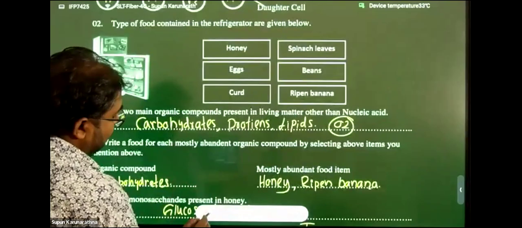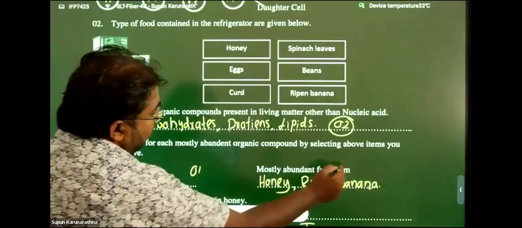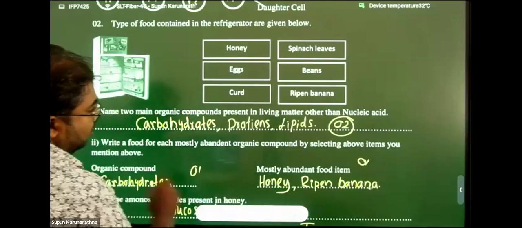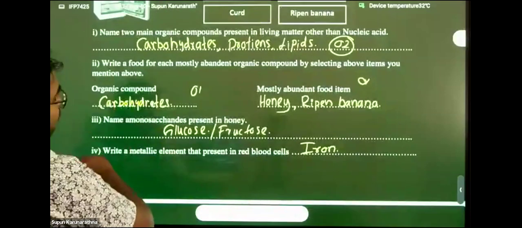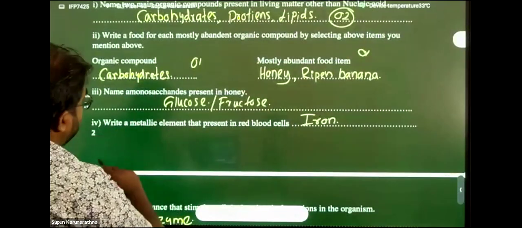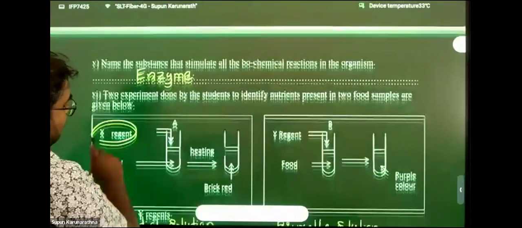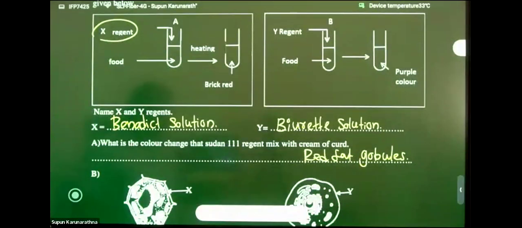Here is also 1 mark, and here also 1 mark, likewise. Glucose or fructose, 1 mark each. Here X and Y also get 1 mark for each answer. So can you calculate the marks you have?